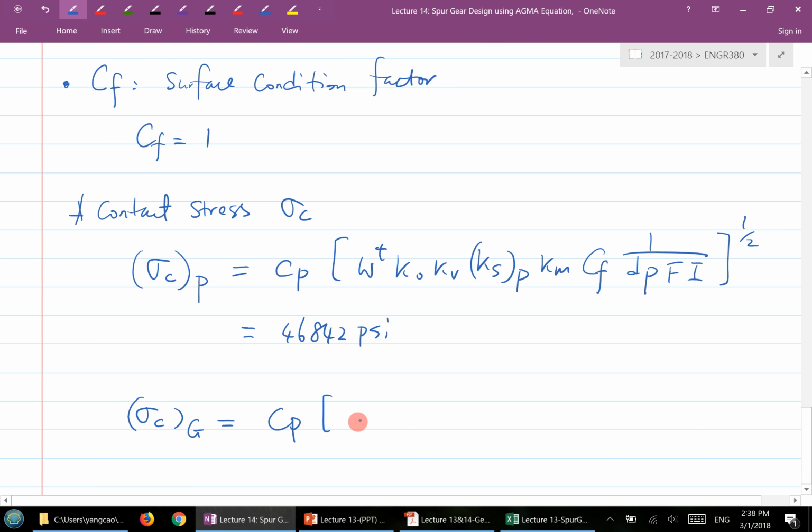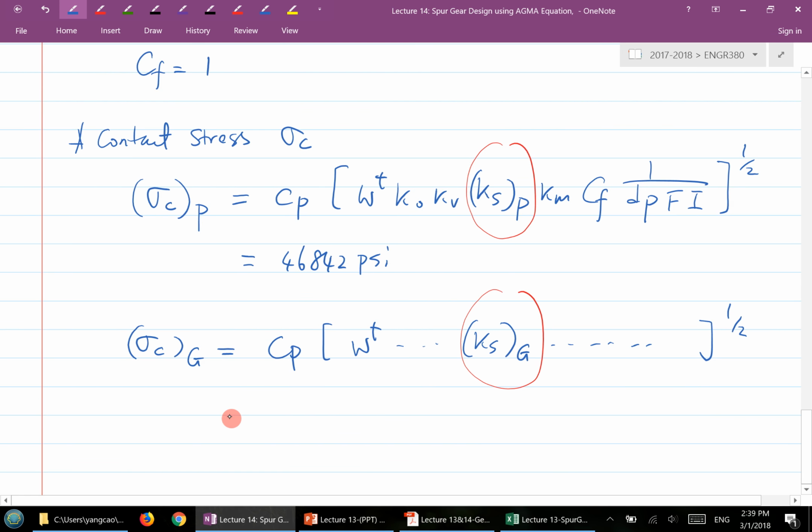Then you can calculate sigma C for the gear. It's very much the same formula, except for one difference. For the contact stress between the pinion and the gear, the only different parameter is this one here. Then you can calculate that, which ends up being 46995 psi.